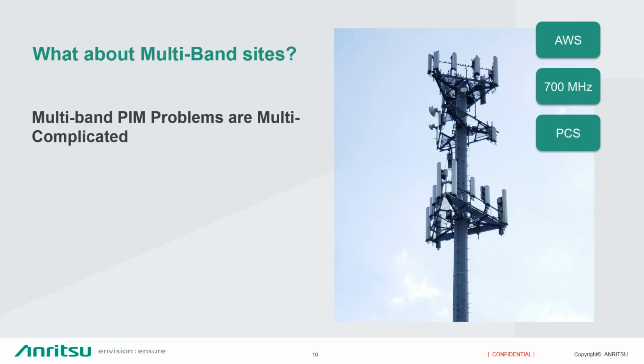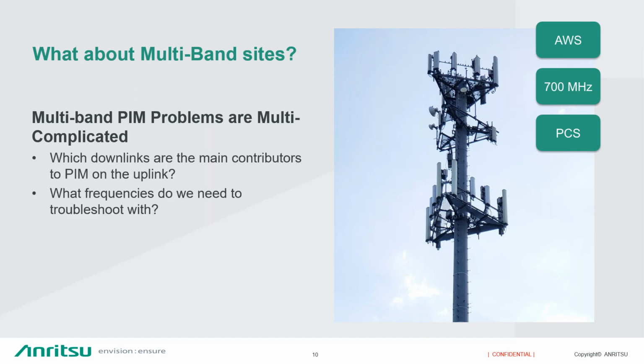You get a number of different intermodulation products, or IM products, that can crash multiple different uplinks. So it's very important to understand that in diagnosing PIM for a multiband site, you have to understand which downlinks or transmitters are the main contributors, and which frequencies we need to troubleshoot with.